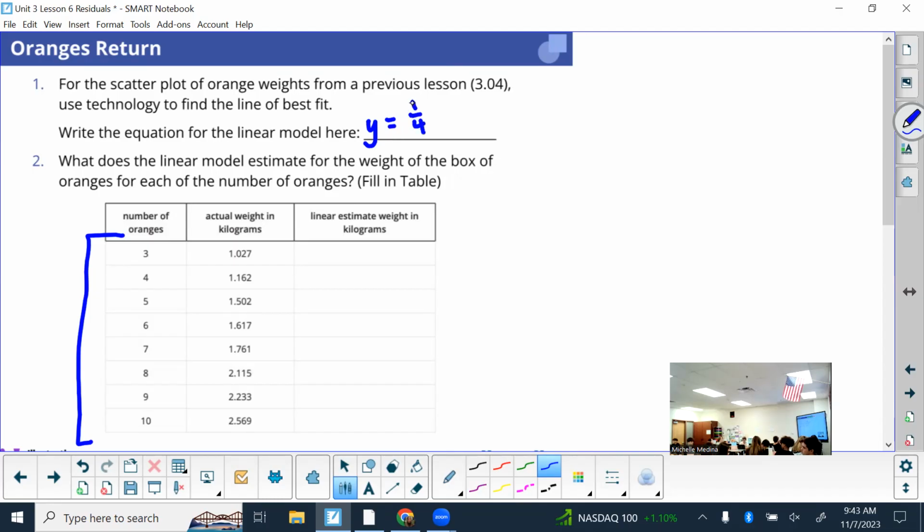Number 4. Okay. Did anyone get something different than that? No one else. You all got that, or you all got nothing? Okay.